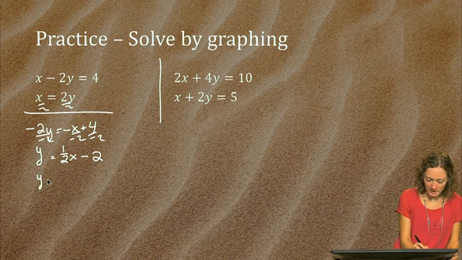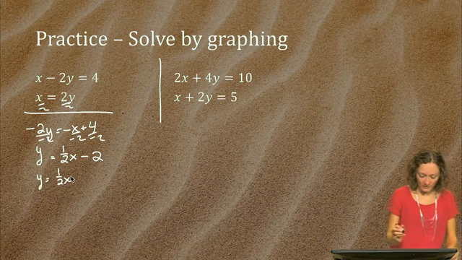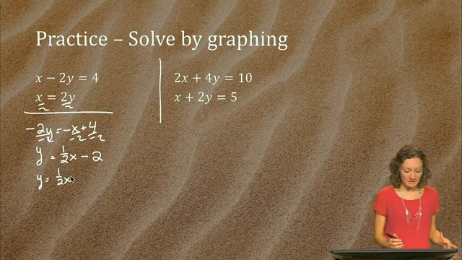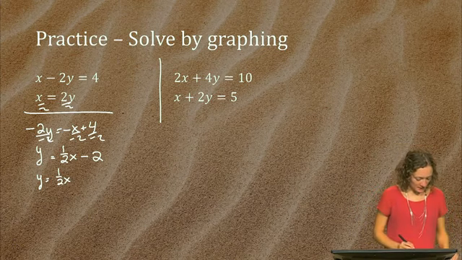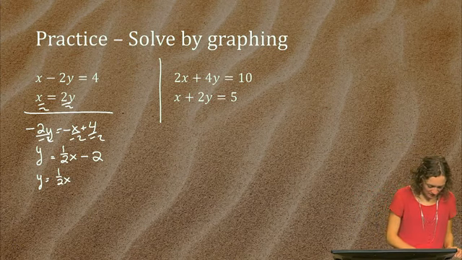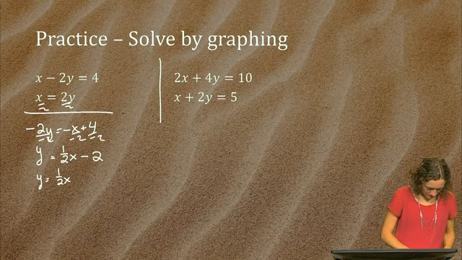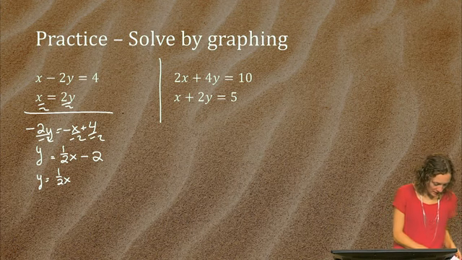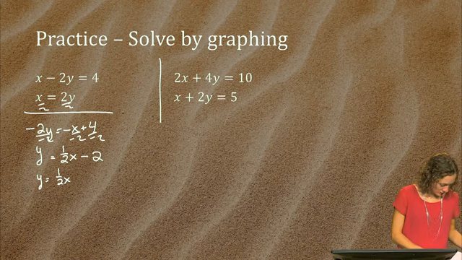So we get y equals 1/2 x. So when you type these in the calculator, you might be able to tell visually, but maybe not. 1/2x minus 2. 1/2x. Let's make sure. Good.